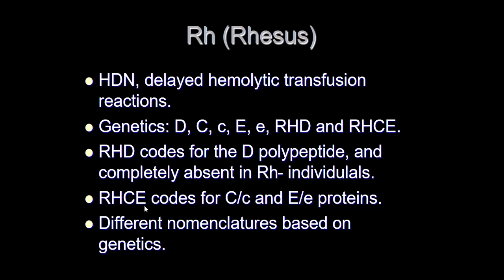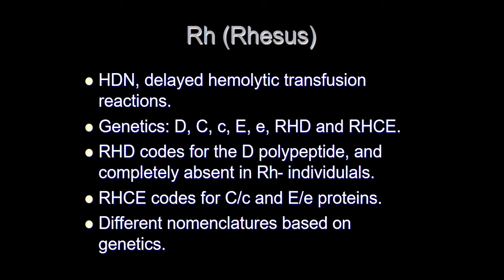RH capital C, capital E codes for C and E proteins. Either they are present or absent. Different nomenclatures, sometimes based on the genetics, whether you have capital C or capital E with those or not, then we call it a different name.